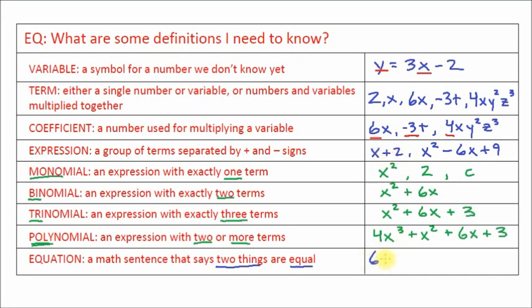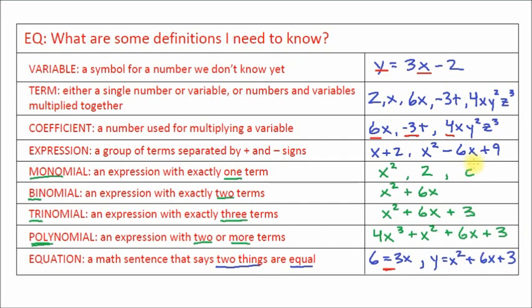We could say, and you've done this actually last year, if 6 equals 3x, you know how to use Algebra 1 to find that x equals 2. This has an equal sign, so that means it is an equation, not an expression. Here's another example. Y equals x squared plus 6x plus 3.